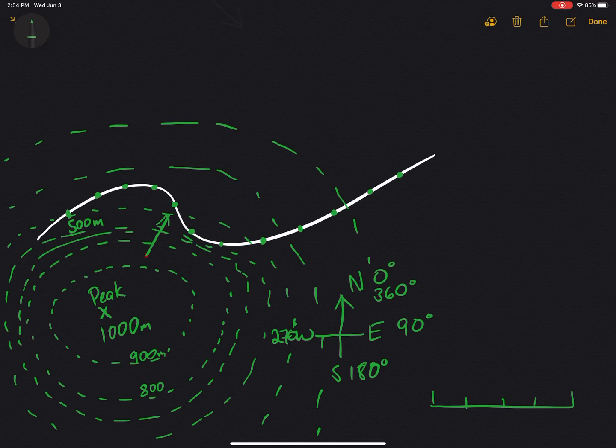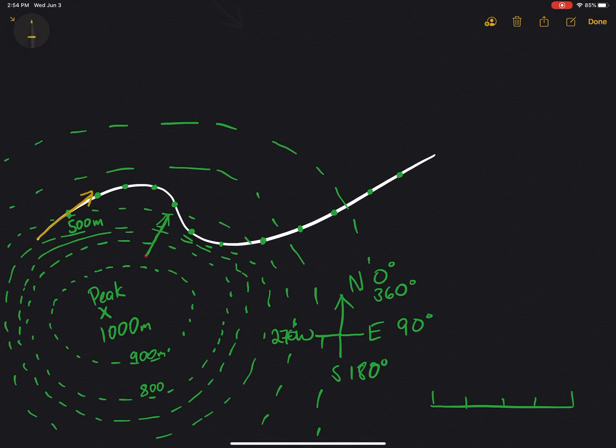Imagine a bunch of spots along this trail, marked here in green as dots, where we have folks computing trail slope alignment angle. And here, where we have 500 meter elevation and the trail pretty much crossing that ISO elevation line right there, our trail is running in that northeasterly direction.